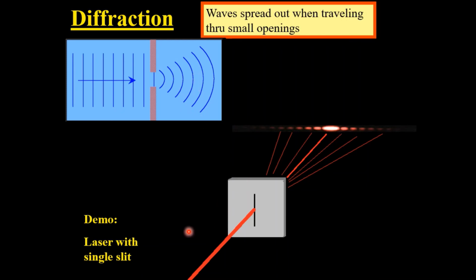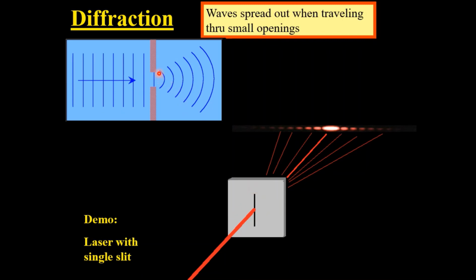This is a demonstration that I normally show in class, but I can illustrate it here very easily. If you take a plate, like a metal plate that has a thin, narrow, vertical slit in it like this, and we shine a bright laser beam on this, and we usually do this in the dark, we turn off all the lights, and we shine this laser beam through here, what happens is the laser beam spreads out in the horizontal direction, not in the vertical direction, which you might expect because this slit is vertical, but it actually spreads out only horizontally in this direction.